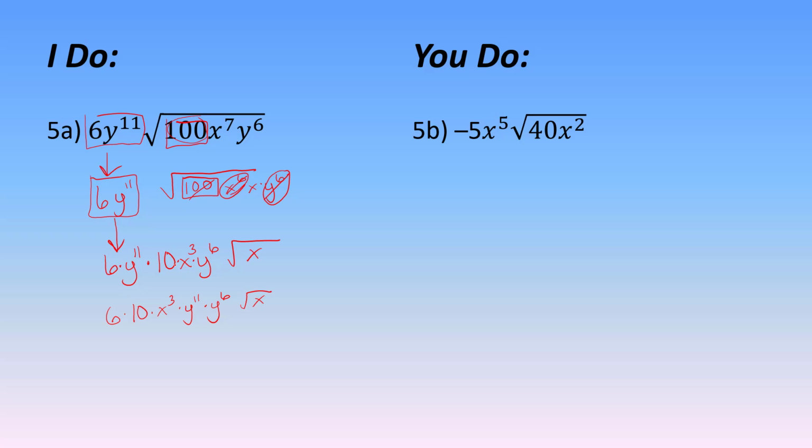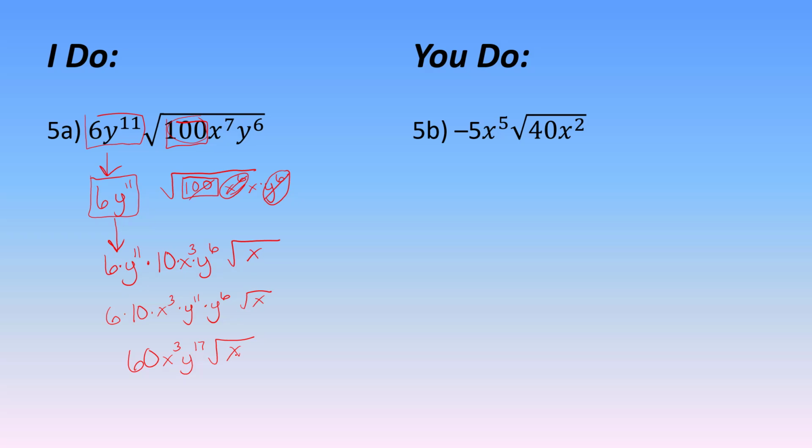At this point, we just use our normal multiplying rules. 6 times 10 is 60. X to the 3rd, well, there's only one x, so it's already simplified. Y to the 11th times y to the 6th. If we have two terms with like bases, we add their powers. 11 plus 6 is 17, so y to the 17th power. Root x.